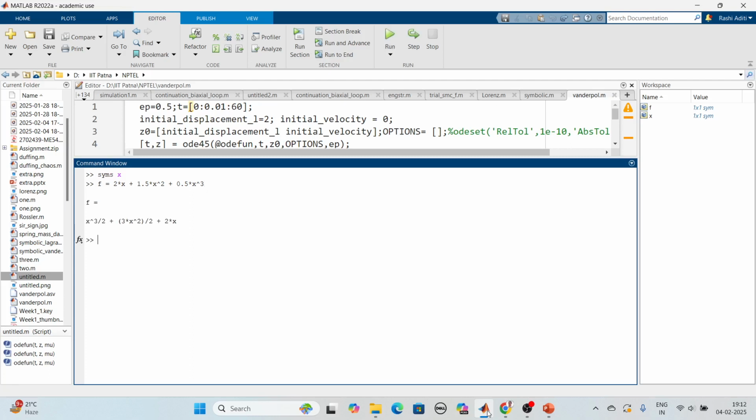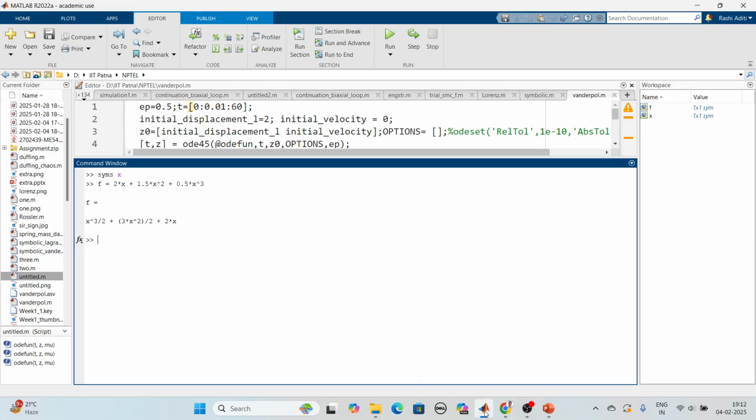It has defined my function. You can see in the workspace also. My x is a symbolic variable, and then my f is also a symbolic function in terms of the symbolic variable x.